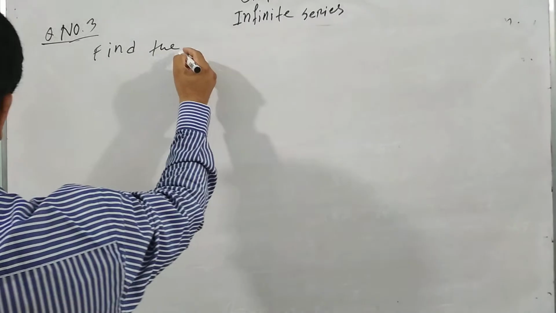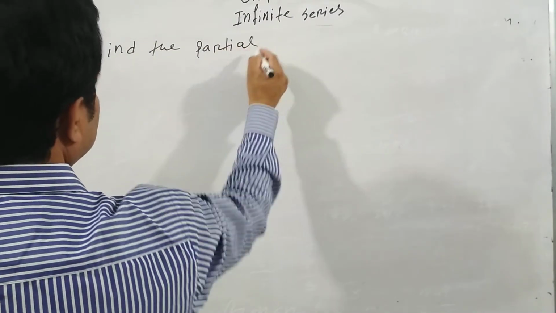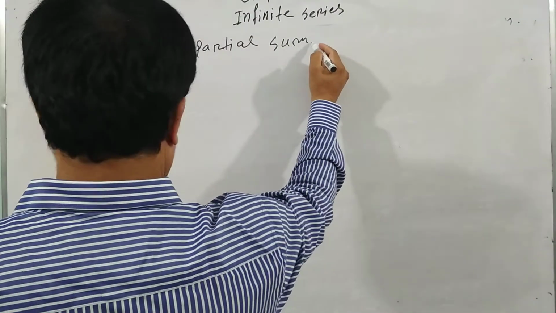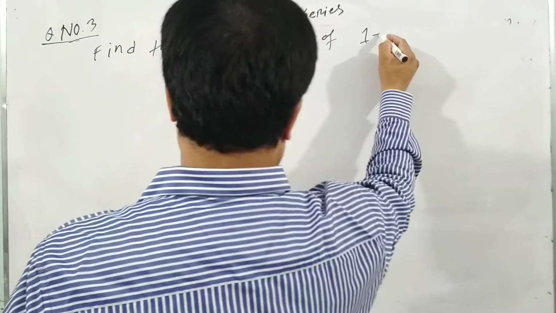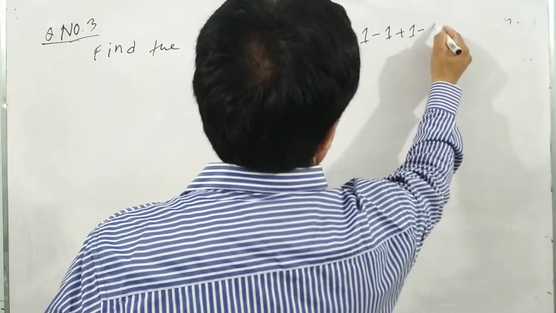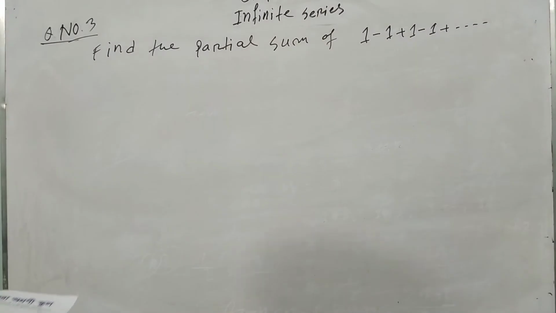Find the partial sum of 1 minus 1 plus 1 minus 1 plus up to infinity.